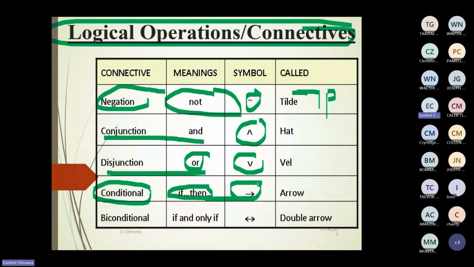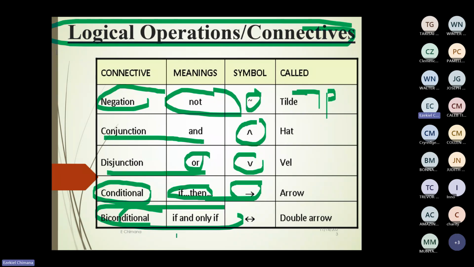We use this arrow to represent this relationship, if A then B. Then there is the biconditional, which is if and only if, where the left side implies the right side and the right side also implies the left side. That is a biconditional statement.